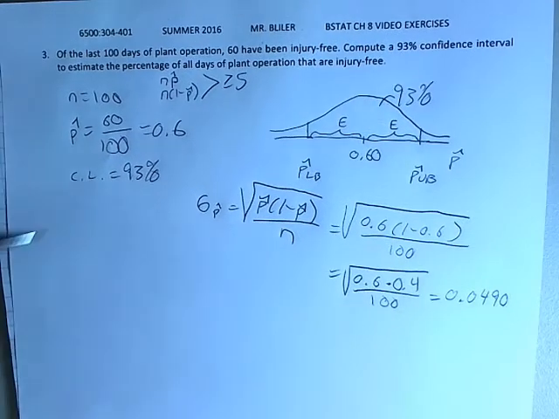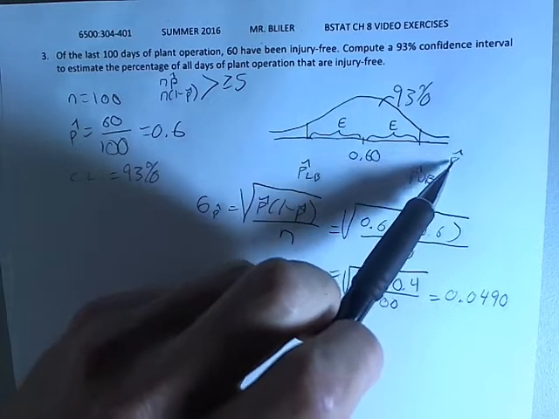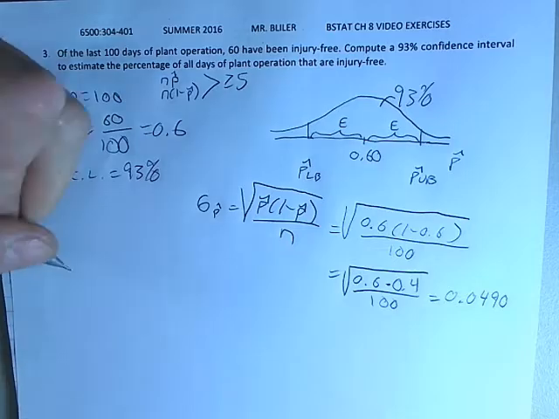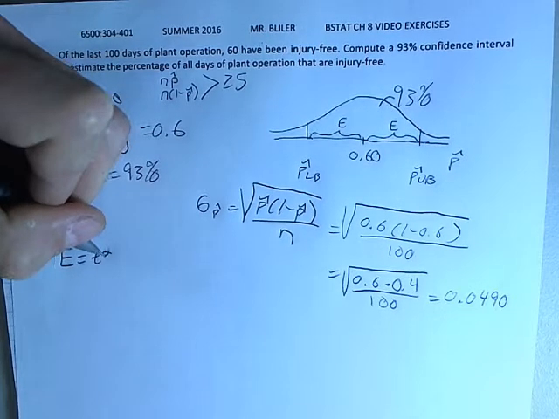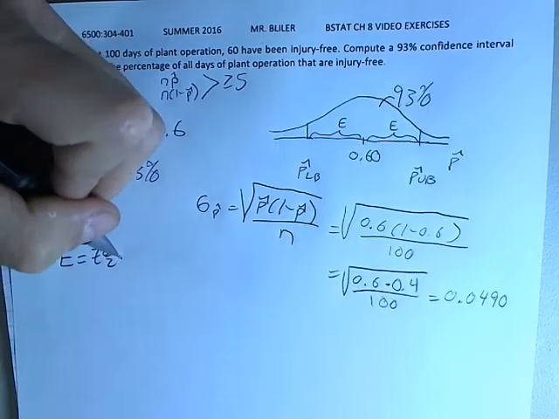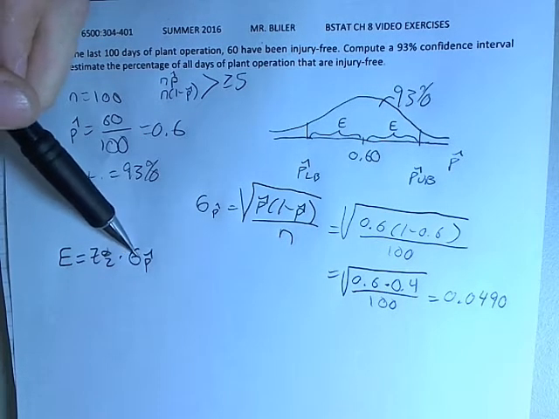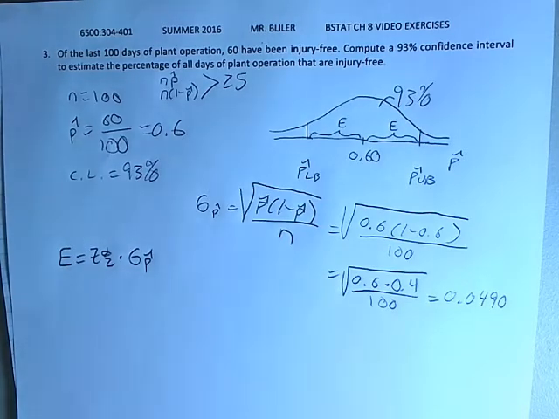Alright, good work so far. We now have our standard error of the sampling distribution of the sample proportion here, and that will be one of two components that is going to go into computing the appropriate margin of error here. So having just solved for the standard error, let's come up with the appropriate z alpha half value for this problem. Any z alpha half value that we find is always going to be a three-step process.